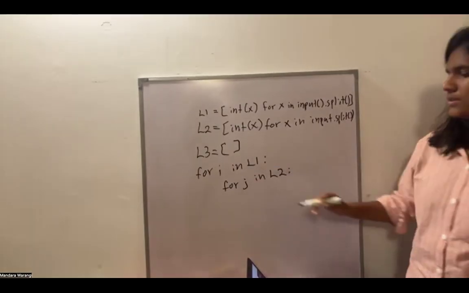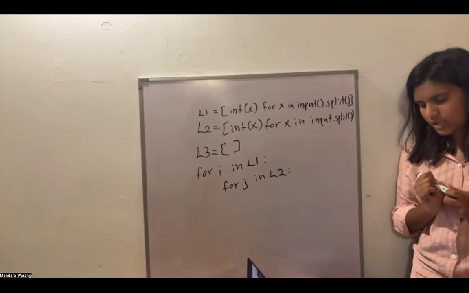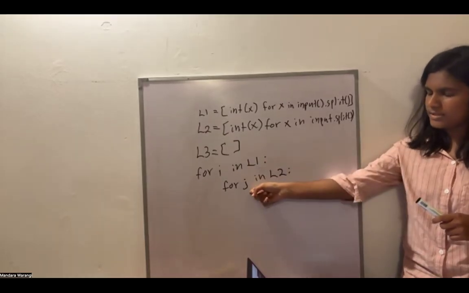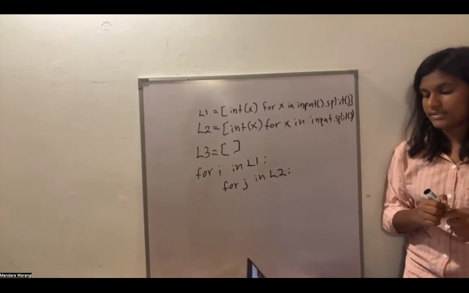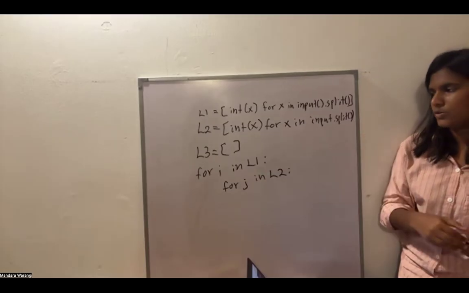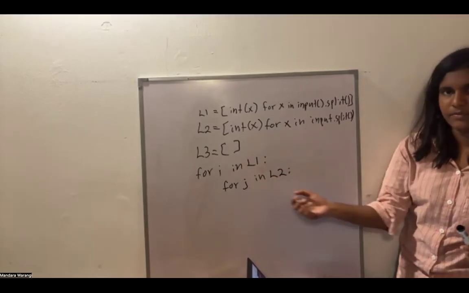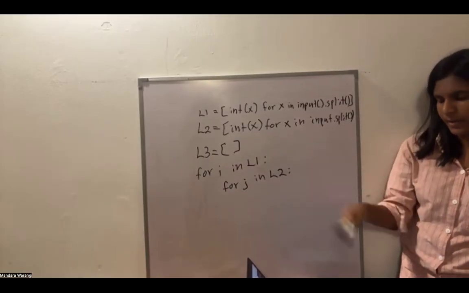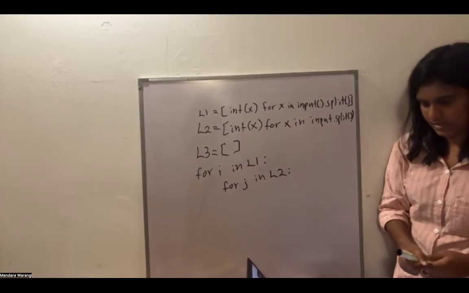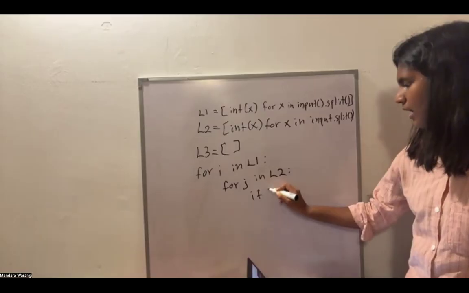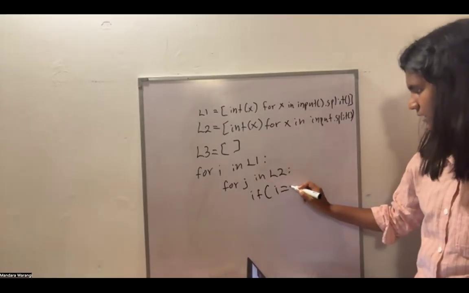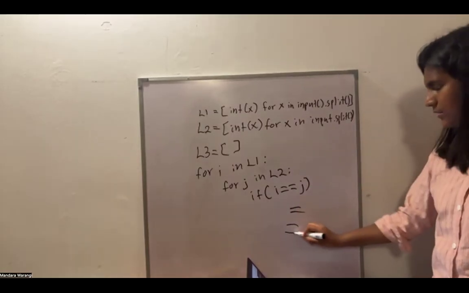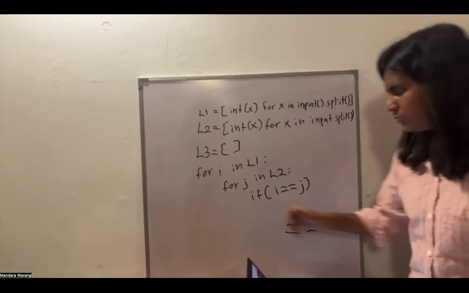I in L1 means the first element in L1; indexes start from 0. First we check the first element, then we check the second element. Like that, the iteration happens. Then for the equal check, this is the assignment operator and this is the equal operator. Those are two different things.